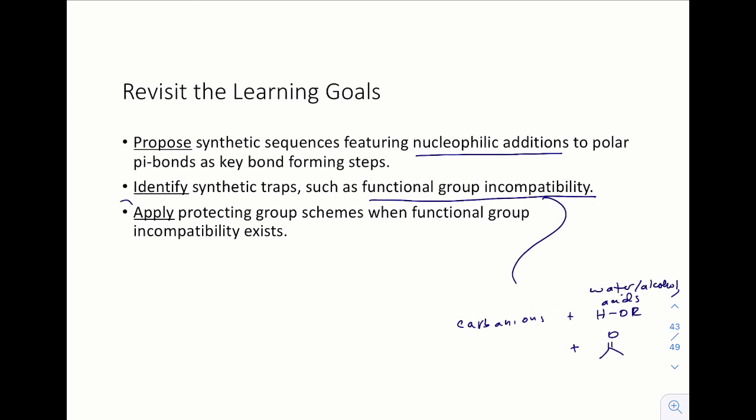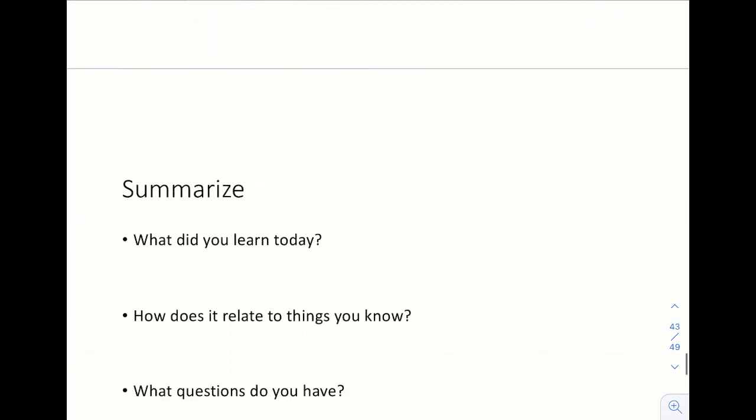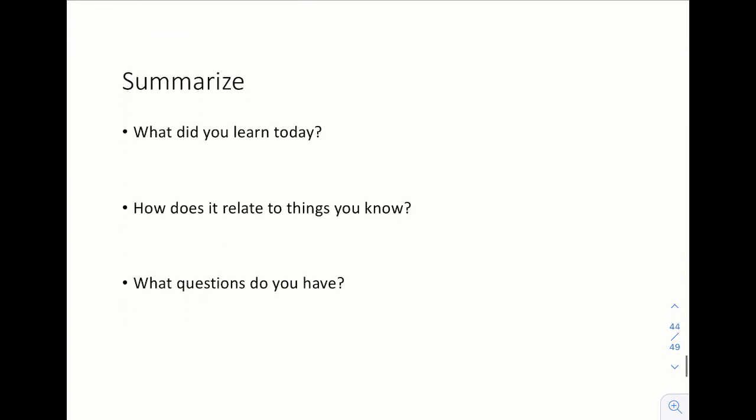We learned how to apply protecting groups for both alcohols and ketones and aldehydes so that we could mask those groups, do stuff to the rest of the molecule, and then remove the masks, unhide the alcohols and ketones in the final products. All right, it's time to practice. There are lots of practice problems. Before you do that, summarize and let me know if you have any questions.